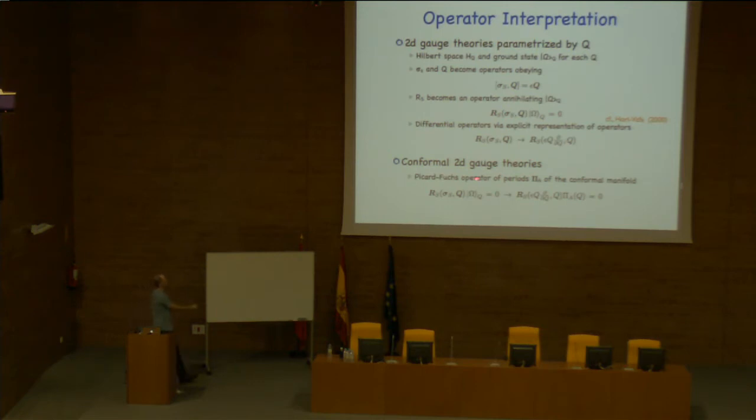Or said differently, in the maybe most studied case, namely in the conformal case, these become the Picard-Fuchs operators of the periods of the corresponding Calabi-Yau manifolds, or the periods of the moduli spaces associated to these Calabi-Yau manifolds.